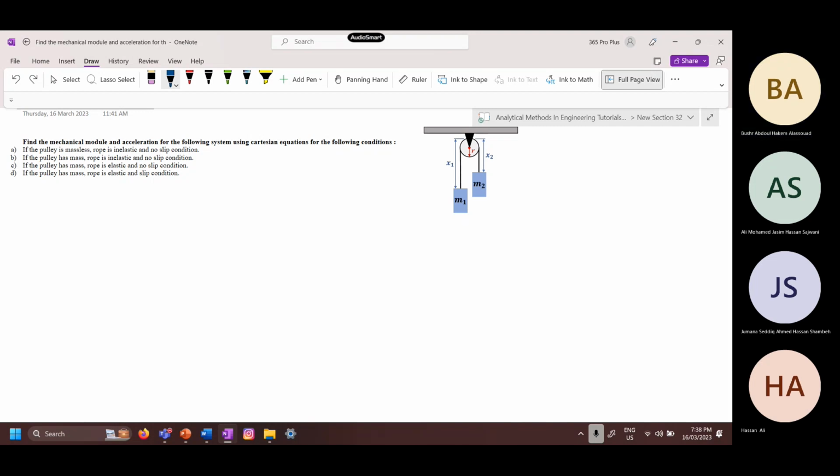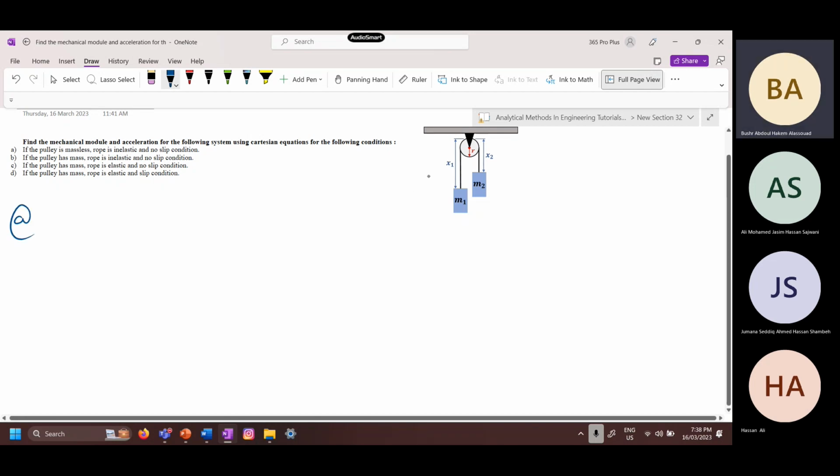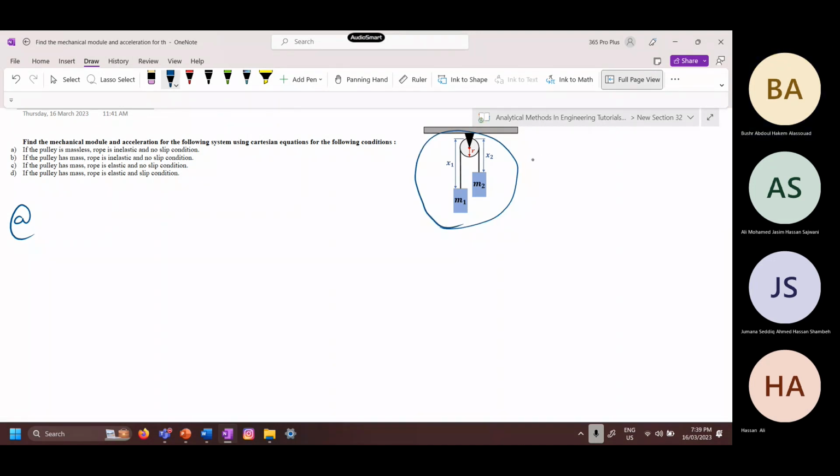Okay, so let's solve this. A. Now by looking at the system, you can see that we have the rotation here. We don't have rotation since the pulley is massless. It's not considered because the rotation will give you this equation, half I theta dot squared.